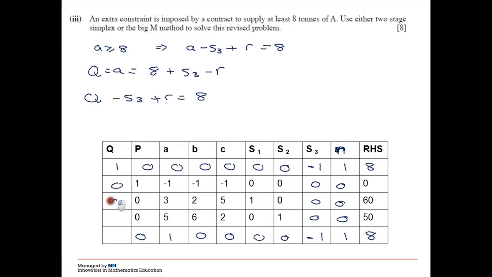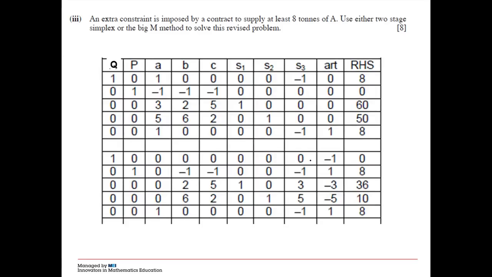And all these are going to be 0. So I've set up my initial Tableau. I then have to solve it, so the first thing we need to do is minimize Q. And rather than spend a lot of time writing out, here's one we did earlier.